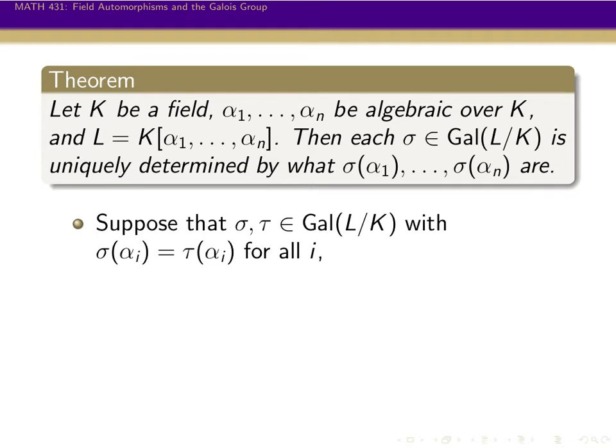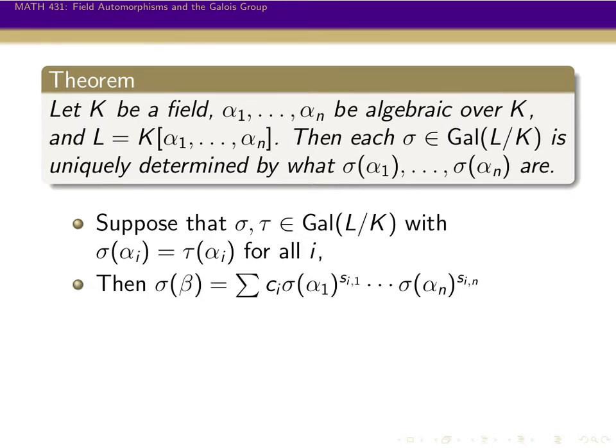Now, what about uniqueness? Let's suppose that we have two elements of the Galois group, sigma and tau, and that sigma of alpha i is equal to tau of alpha i for all i. That means that sigma and tau send each of alpha 1 through alpha n to the same thing. If we go back and look at sigma of beta, written out the same way as before, all of these sigma alpha i's are equal to the tau alpha i's, so we can start distributing these into the sum.